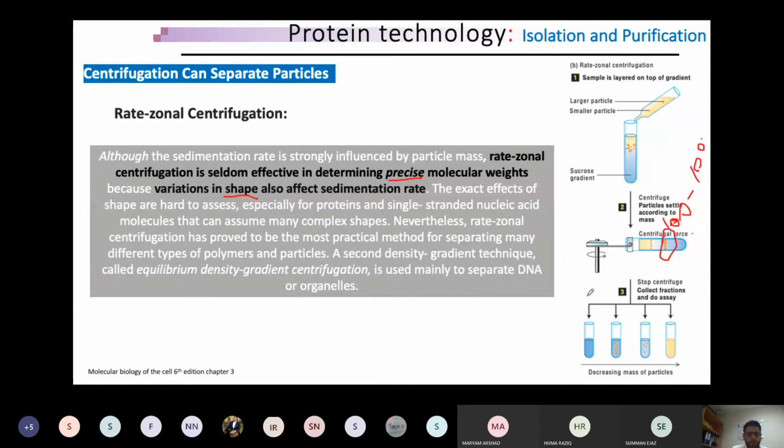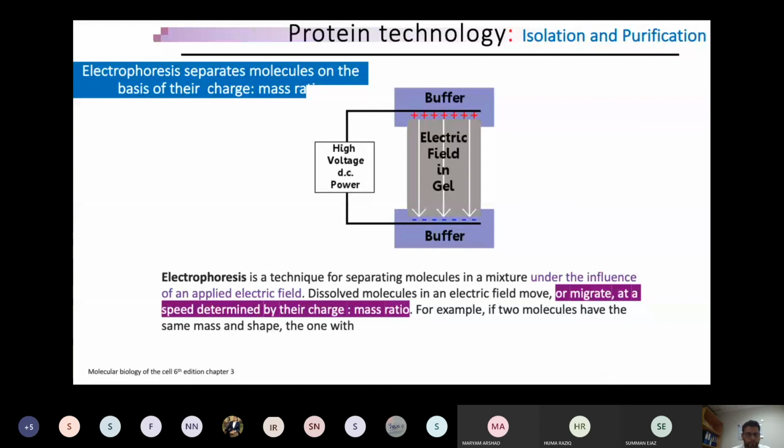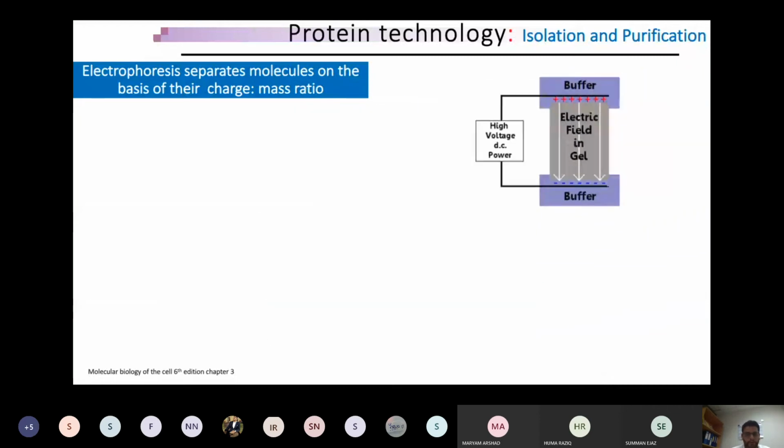That is why whenever we do experimentation, electrophoresis, we are always concerned whether it's a double stranded molecule or a single stranded molecule, and of course both of them are important. Here we saw centrifugations.